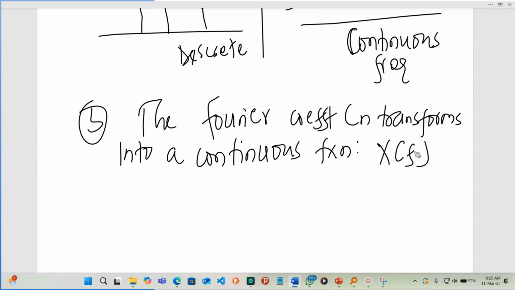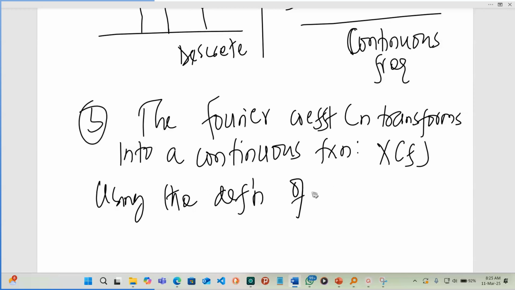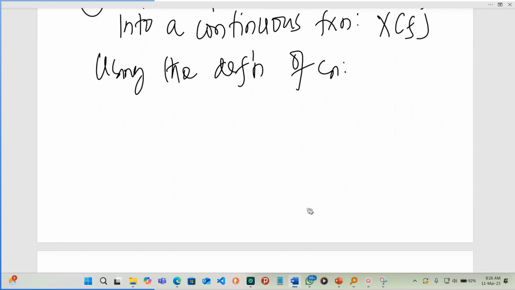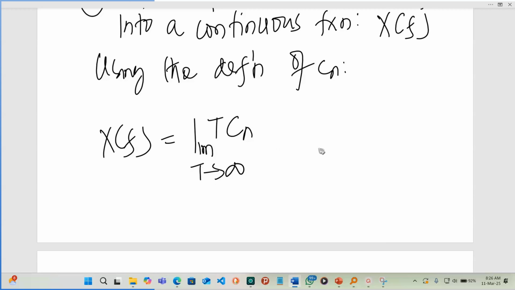So if we use the definition of Cn, we can replace the summation with an integral. Therefore, X of f is going to equal, remember we had 1 over T, so cross multiplying, we have T Cn, taken as a limit as T tends to infinity.